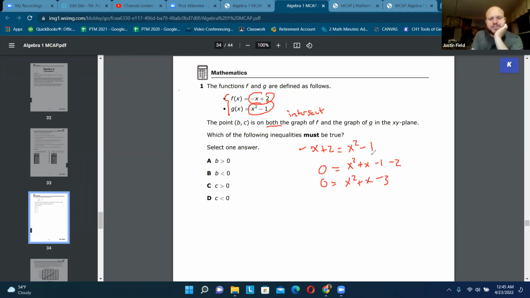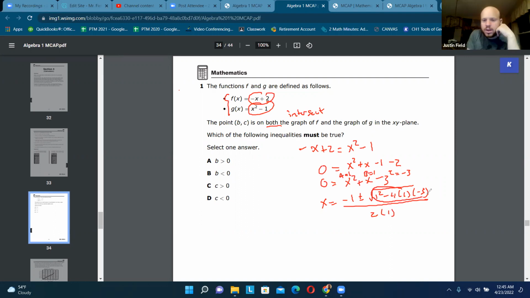All right. So thinking about 3 and 1, and those do not add to 1. So I guess we'll use the quadratic formula. a is 1, b is 1, c is -3. x equals -1 plus or minus the square root of 1 squared minus 4 times 1 times -3, all over 2 times 1.